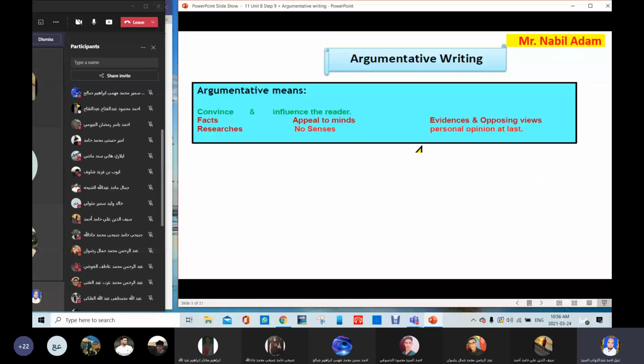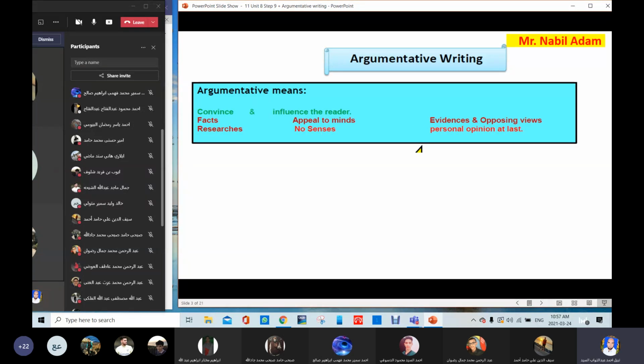Okay, argumentative writing. Argumentative means trying to convince, to influence the reader. So you have to mention facts, appeal to the minds, not to the heart. So you should depend on the research. You shouldn't use your senses. The senses are what we used in descriptive writing in the first term.